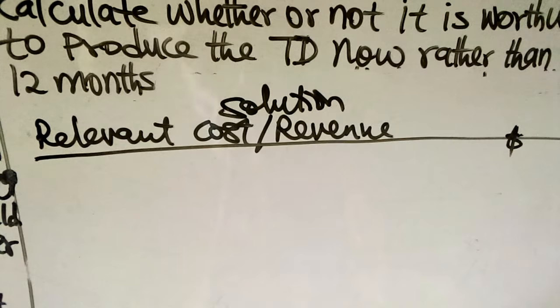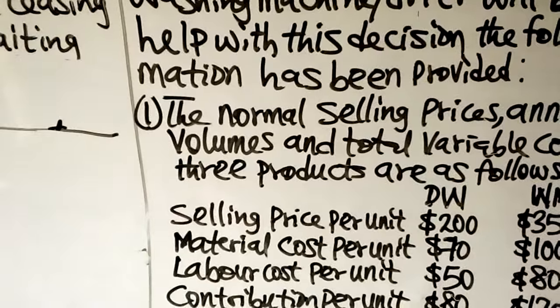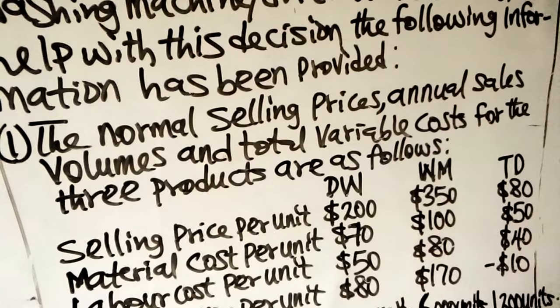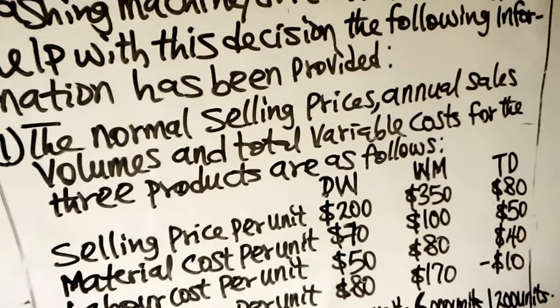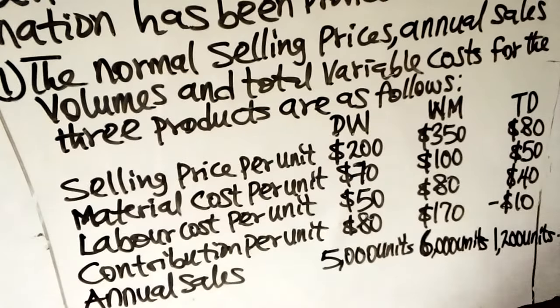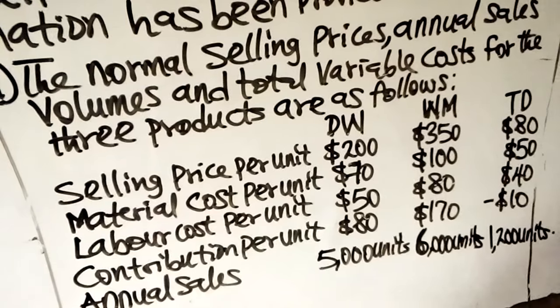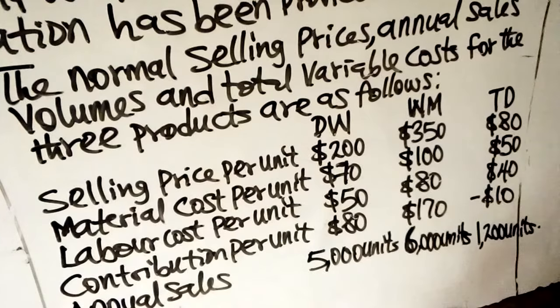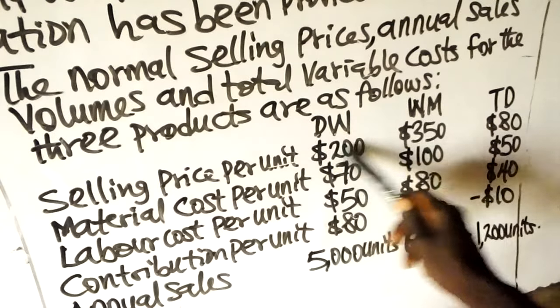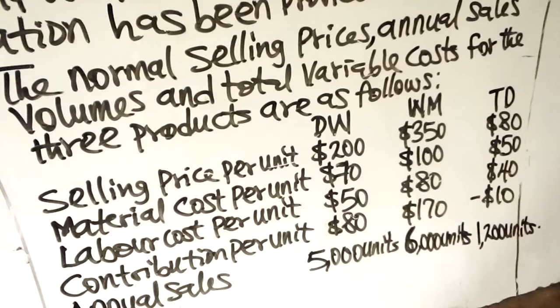Now, back to the question. The normal selling prices, annual sales volumes, and total variable cost for the 3 products are as follows. If you cease manufacturing TD now, that means revenue from TD, the selling price per unit of TD is $80.